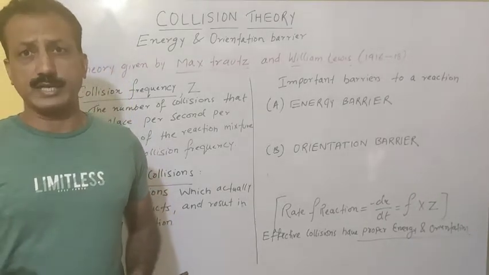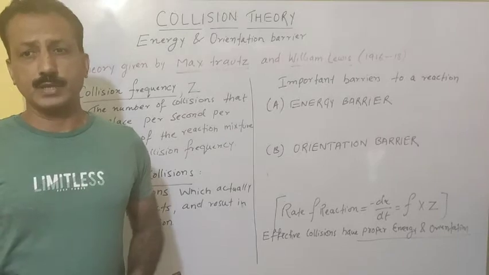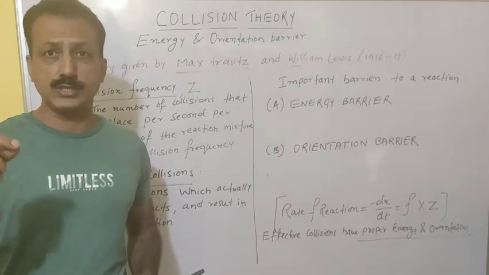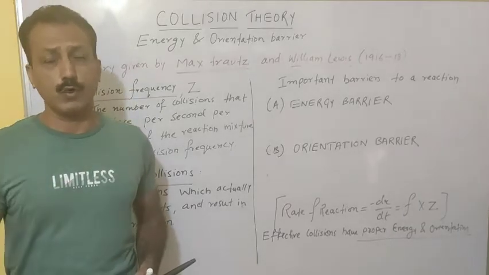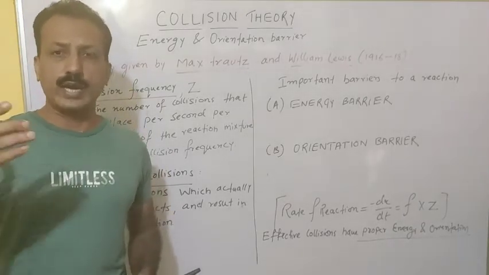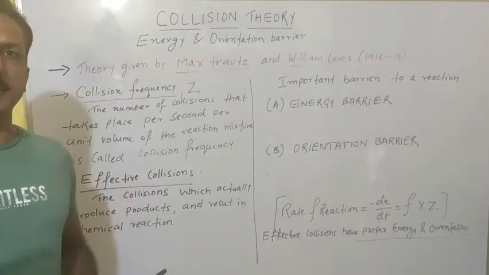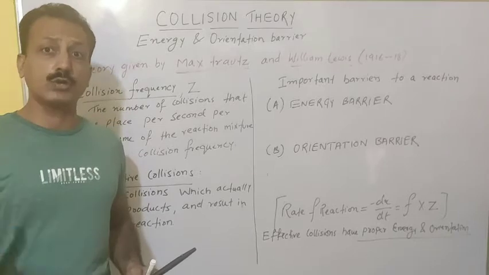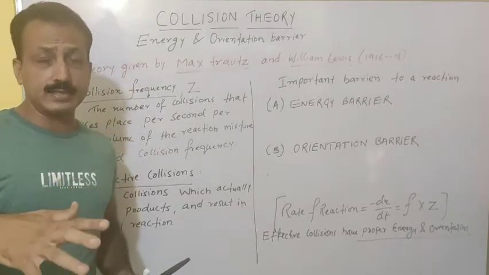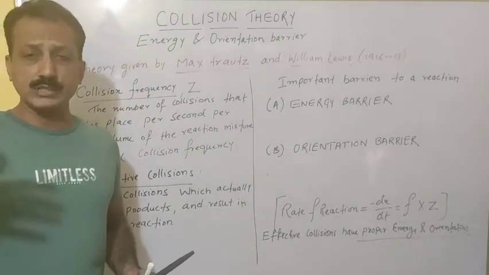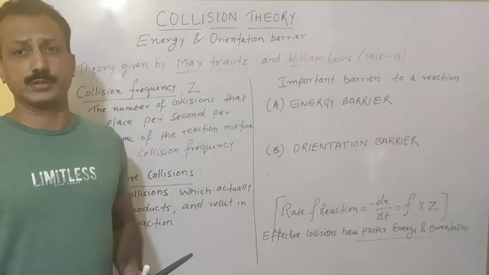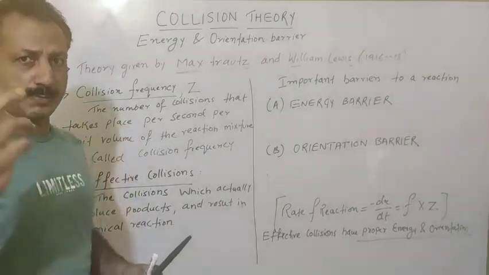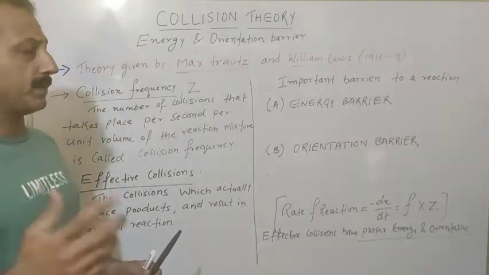A very important aspect of this theory is that reacting species collide with each other to form products. Reacting species can be atoms, ions, or molecules. So it's the collision of these reacting species that is responsible for the product formation.